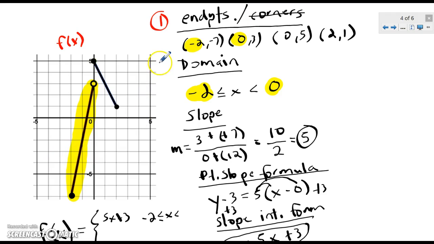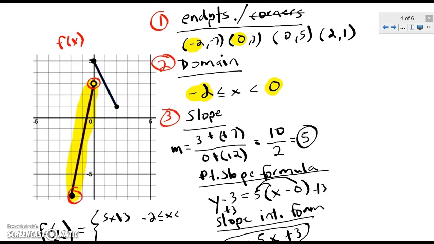Our second step was to identify the domain of the first function interval, reading the graph from left to right. We did that, -2 to 0. Our next step was to get a slope. And how do we find our slope? Well, we use the two endpoints, -2, -7, right here, 0,3, right here, and we just plugged them into the slope formula and got a slope.